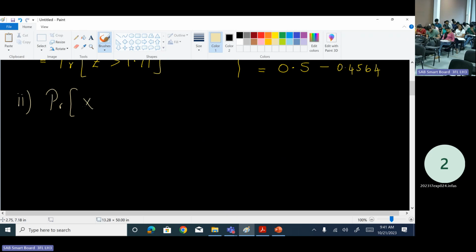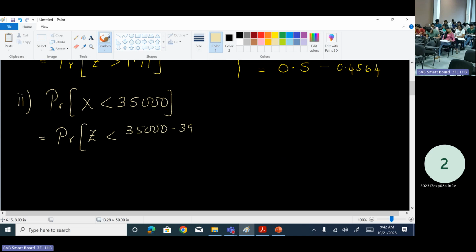Probability, monthly rent less than 35,000. General normal, so we have to transfer this to standard normal. When transferring, it goes to Z. 35,000, subtract mean, divide by sigma, 3,500.